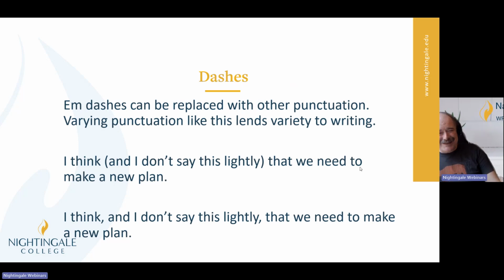Now, here's the thing, though: there's no hard and fast rule for when you have to use an M dash. As I can show you here, I just wrote out that same sentence using parentheses and then again using commas. In both situations, we're using the punctuation to highlight that phrase, and I don't say this lightly.